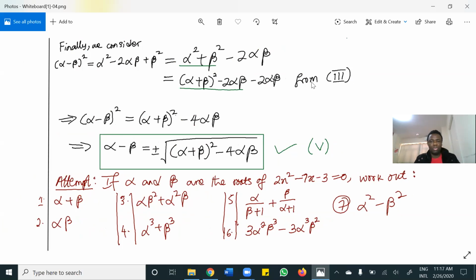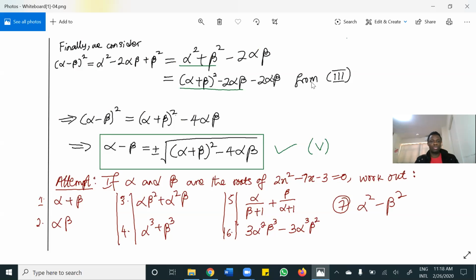The other thing we'll be looking at on Friday is how do we use this to find the root of another equation? Take for example, if alpha and beta are the roots of this equation, you can be asked to find the equation whose roots are alpha plus alpha square and beta square.